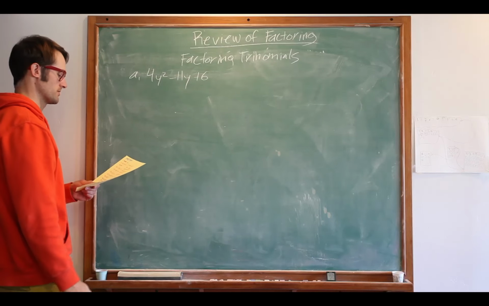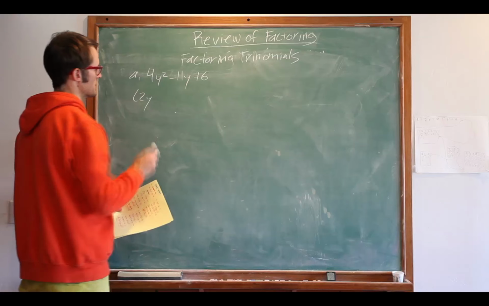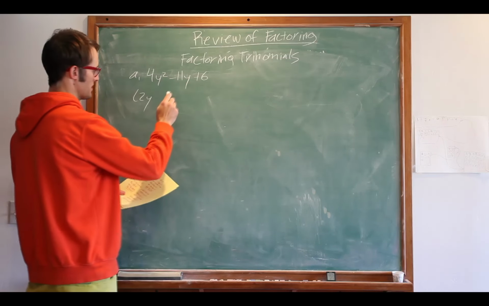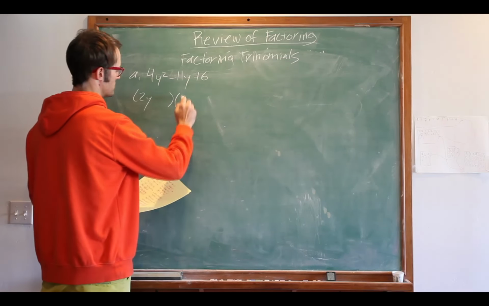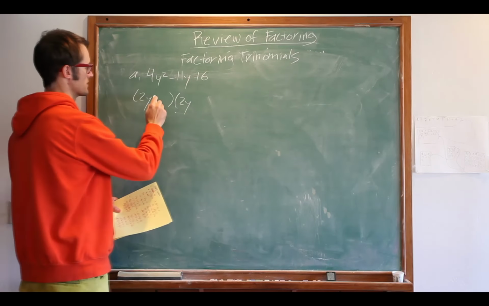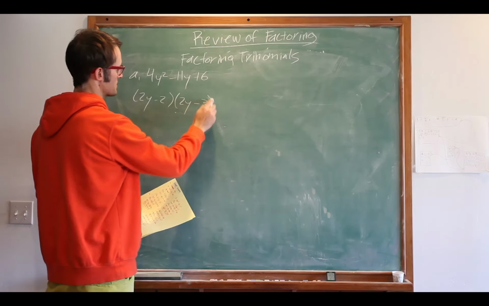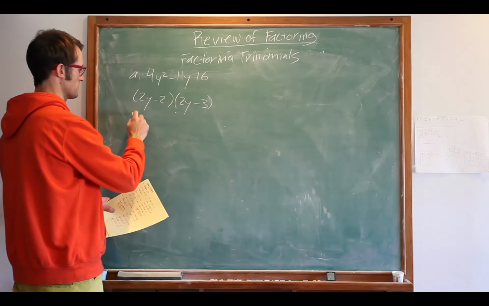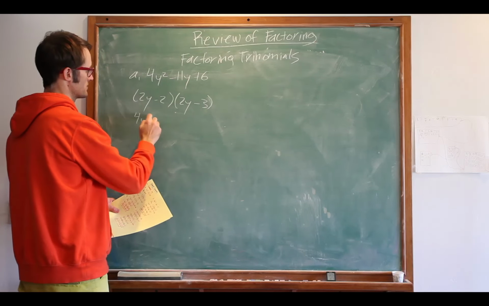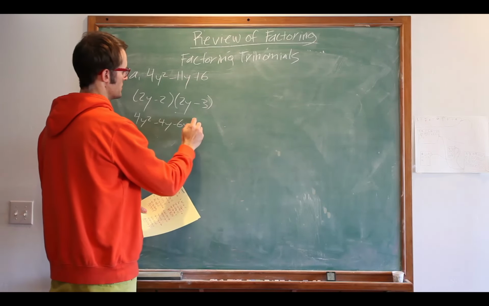So you know you've got to get these terms when you multiply the factored terms. So let's just start with some ideas. So what if it was 2y, and I know I need 2y over here to get the 4y squared. I know I need a 2 and a 3 to get 6. Let's see if this works. So this would be 4y squared minus 4y minus 6y plus 6.